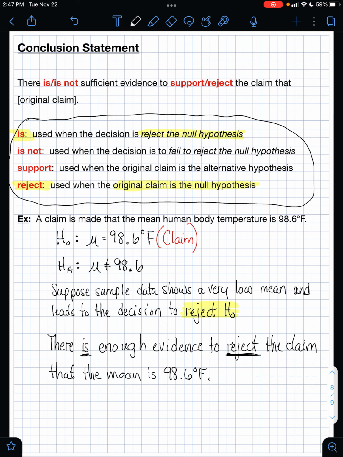So this is just about getting used to this stuff, and then next lesson, we will get into actually performing hypothesis tests on the mean, the standard deviation, and population proportions.